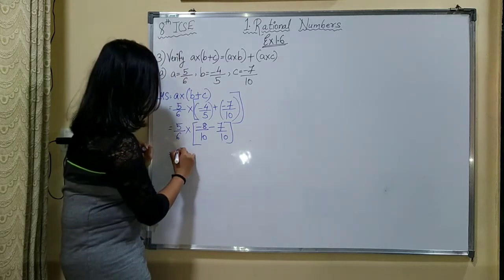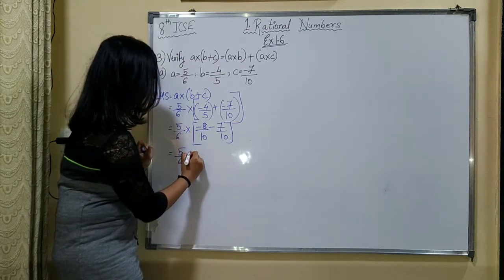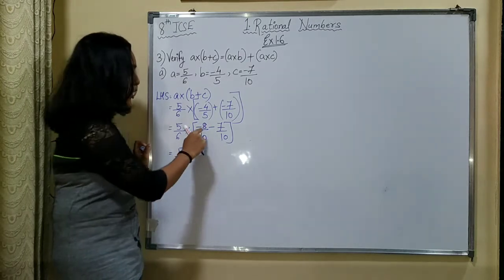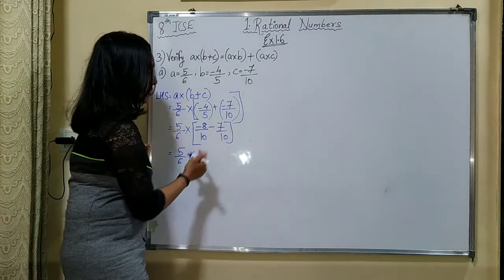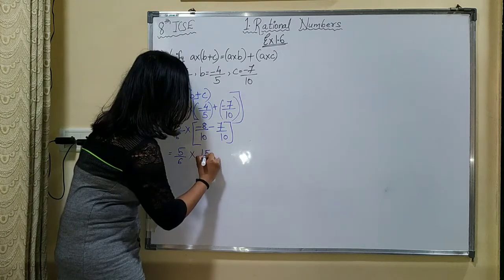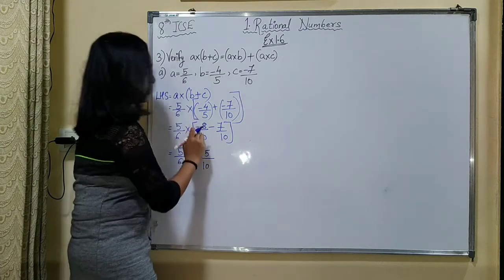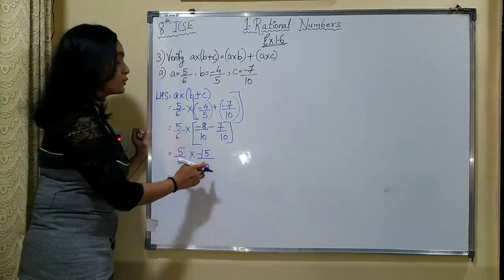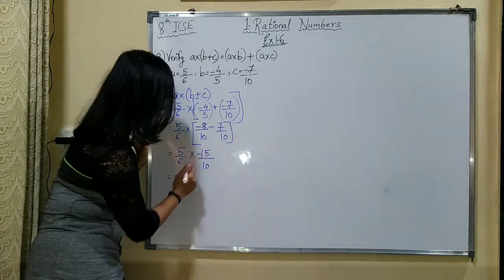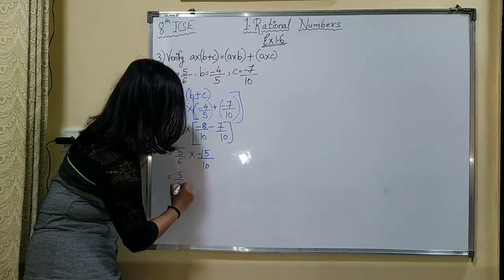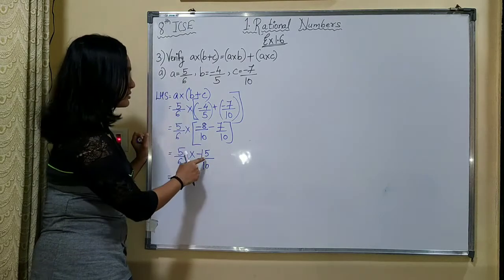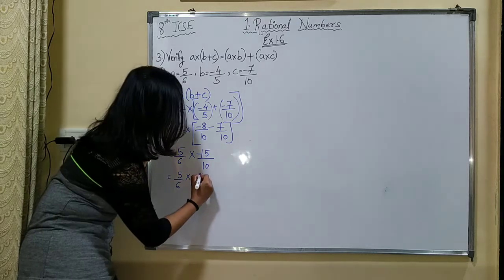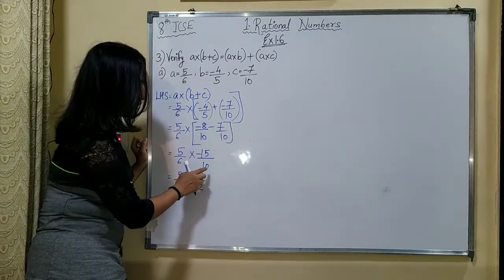Okay. So 5 upon 6 will be as it is. Now we have to add. Minus and minus is minus, so 8 plus 7 will be 15 upon 10, with the sign of the greater number. So now we can reduce it. What we will get here is 5 upon 6 multiplied by minus, we will reduce it by 5. So 3 fives are 15 and 2 fives are 10.